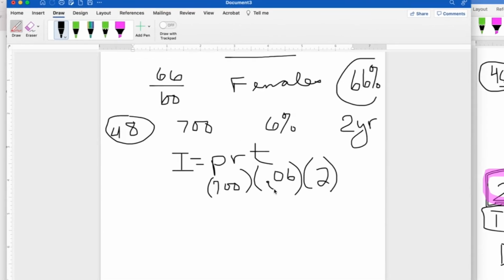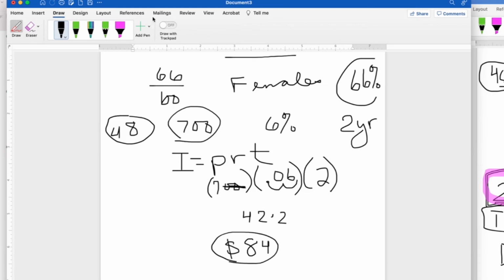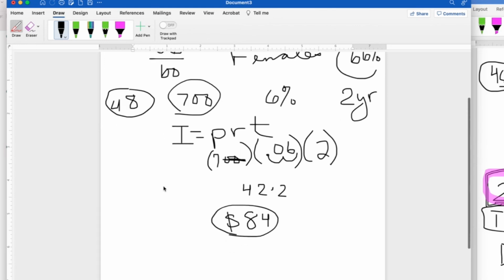So an easy way to do this is, we have 7 times 6, which is 42, times 2, which would be 84. They're going to get $84 in interest over 2 years from their $700 principal.